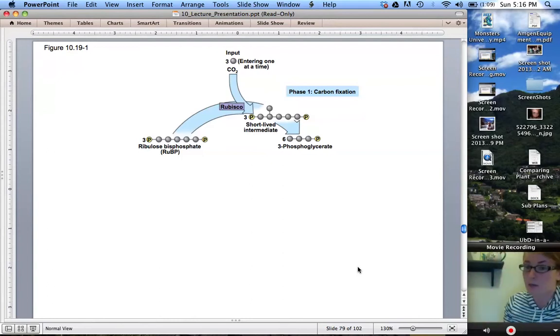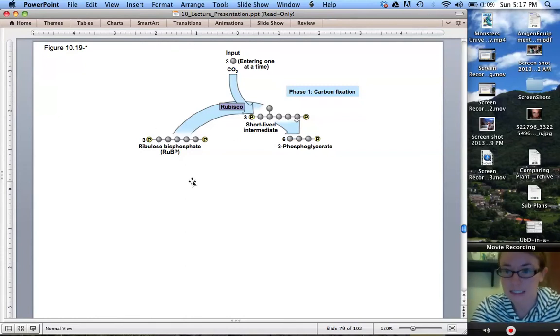So carbon in carbon dioxide is not technically an organic compound. Remember, it needs to have carbon and hydrogen. Carbon dioxide is none of these. It's not a lipid, macromolecule, protein, or nucleic acid. It's not any of them. So we need to fix it into an organic molecule. That means take the carbon and make a carbon-carbon bond with another organic molecule. And so that's what happens in carbon fixation.